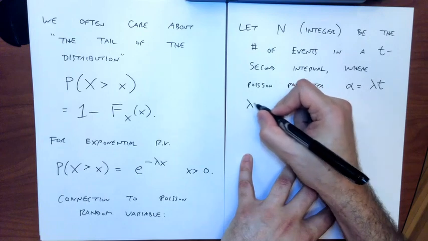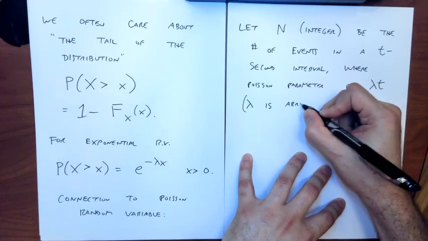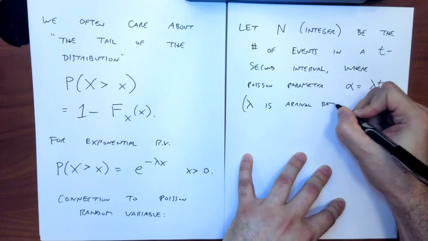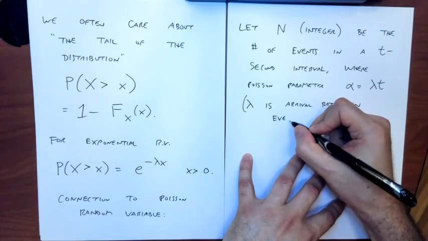So basically, lambda is the average arrival rate in events per second.